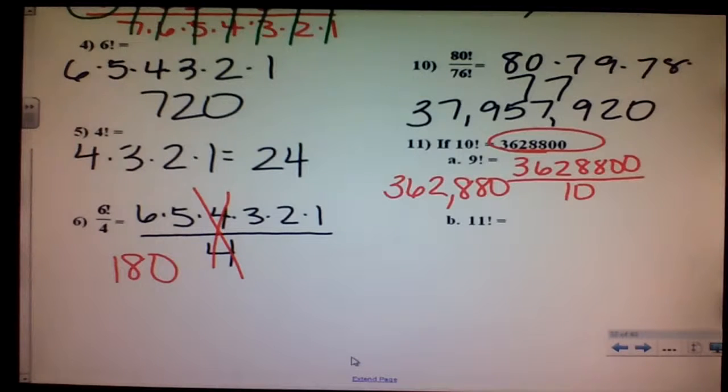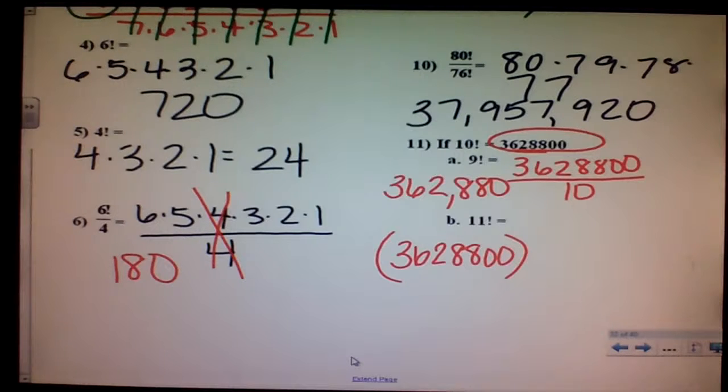Okay. So what if I give you 10 factorial and now I want 11 factorial? I want you to use 10 factorial to get 11 factorial. So I've got this. This is 10 factorial. What do I do with this? Divide it. No, explain. Multiply.